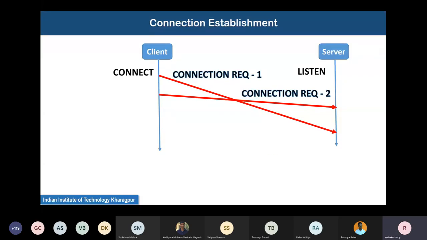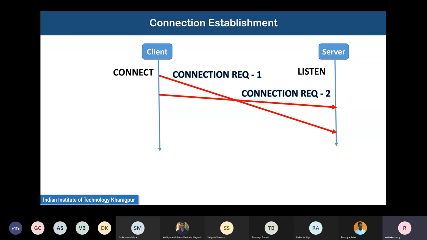Okay, so in a normal situation, these two arrows would never have intersected. But in this situation, they do intersect. Why? Because the first segment has got delayed and has reached the server later than the second segment. Although the second segment started from the client later, it has reached the server first.